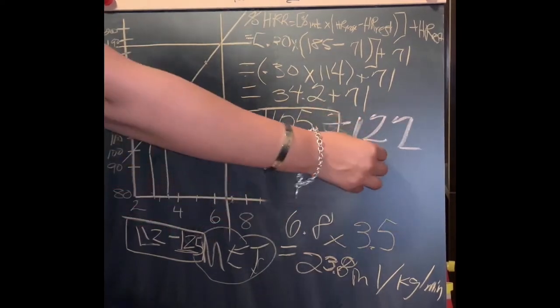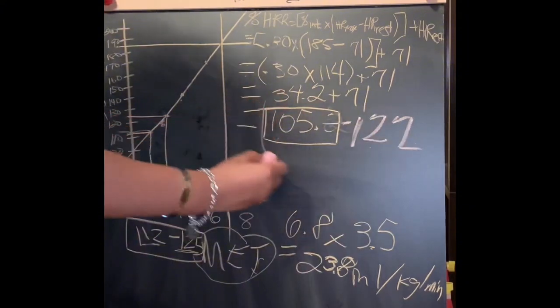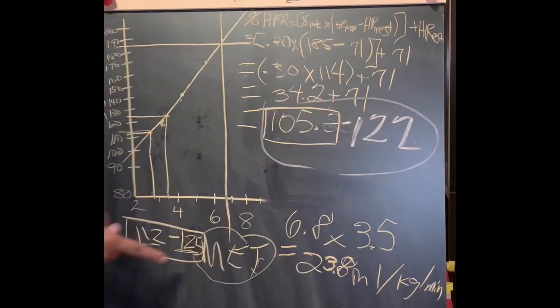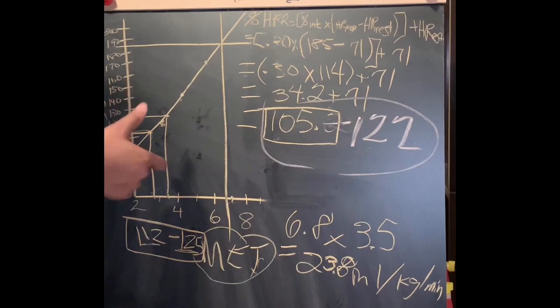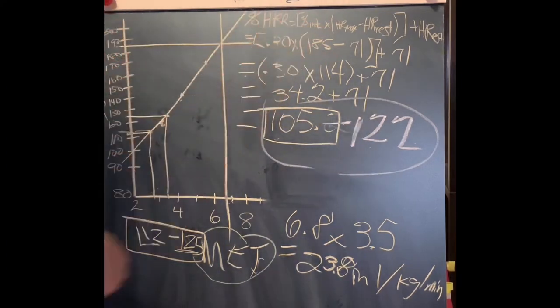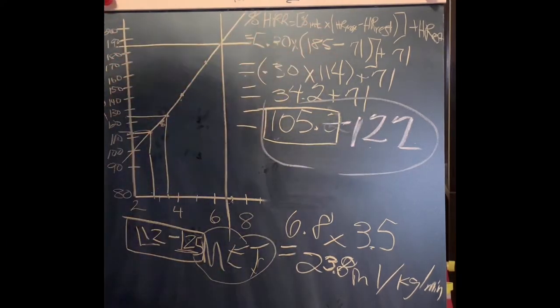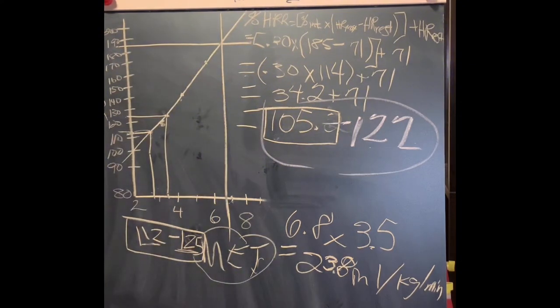Right, so 105 to 122, and we want to compare that to 112 to 125, which is relatively close. So using the graphing method versus the calculated method, we come up with a similar range for our target heart rate zone.